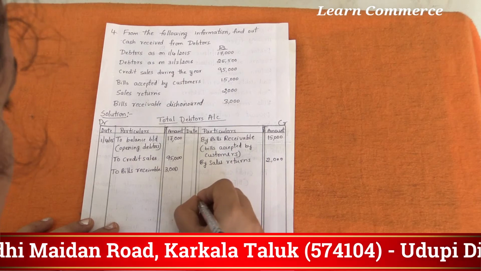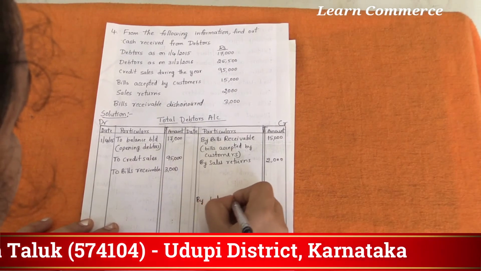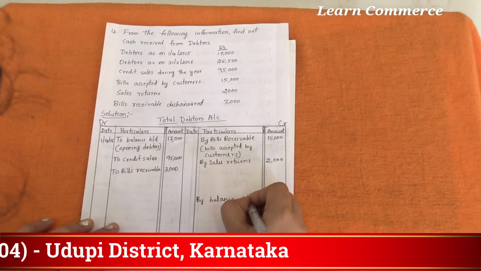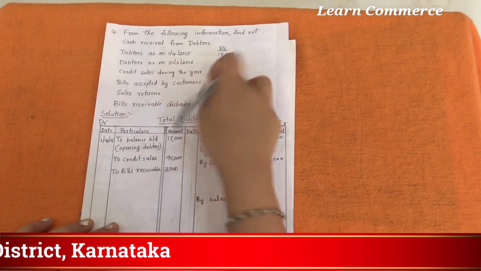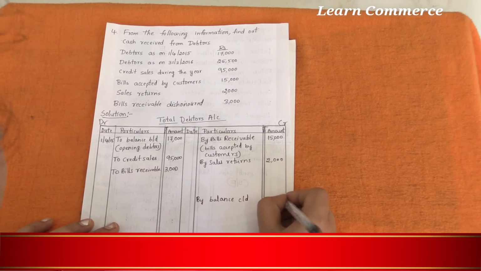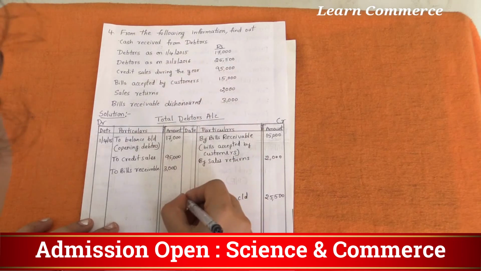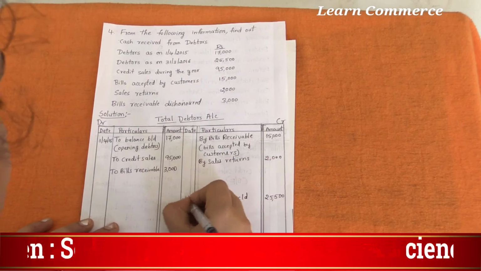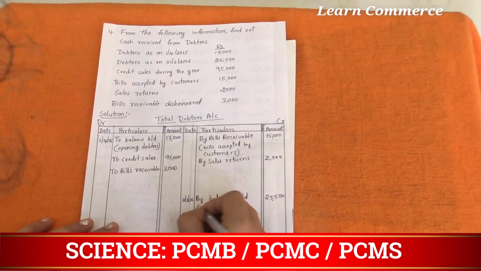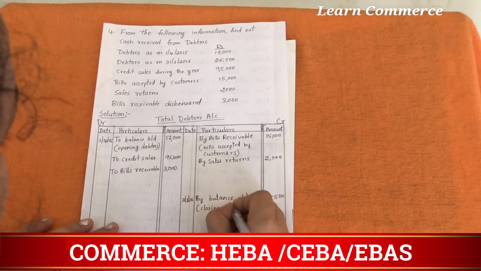Here just write by balance carry down, it is closing debtors, amount is 25,500. Okay. The date is given here, 31st March 2016. Bracket write closing debtors.